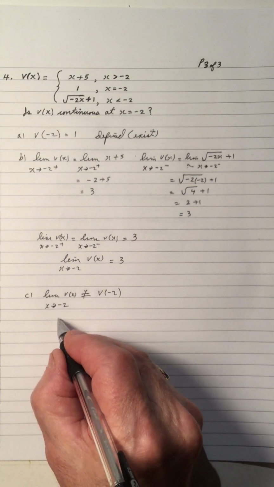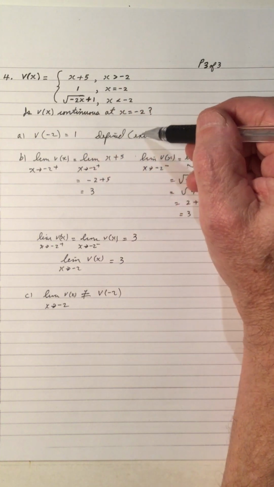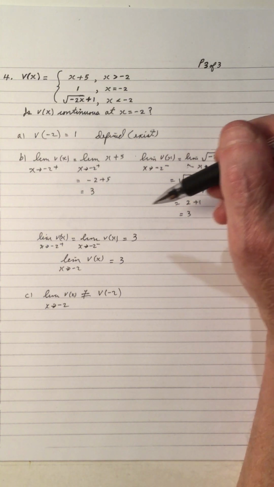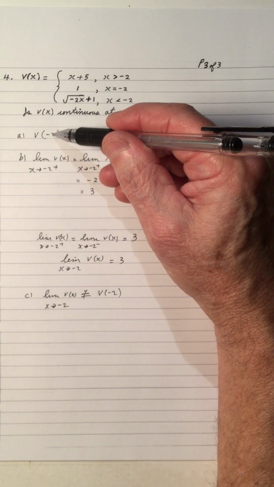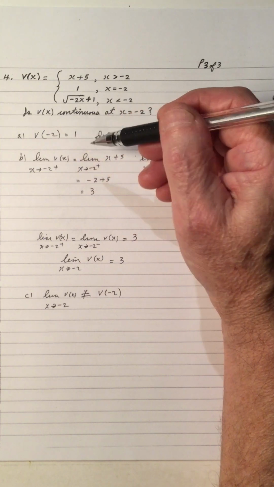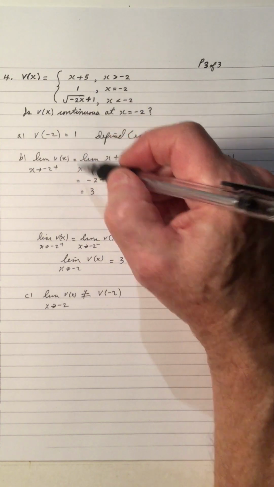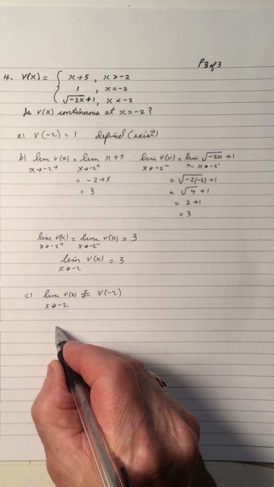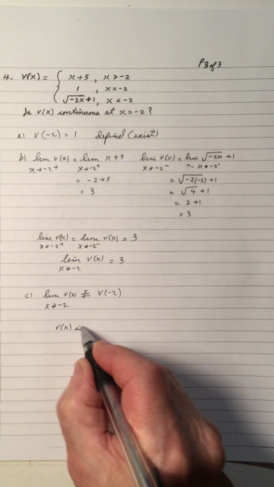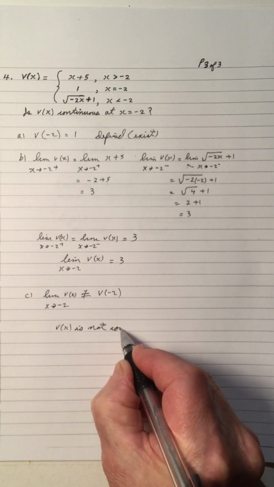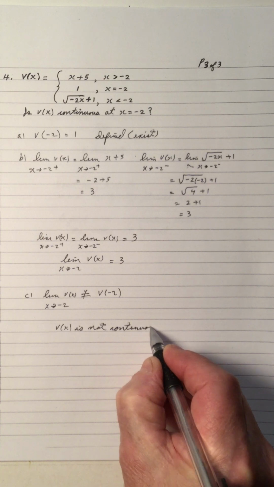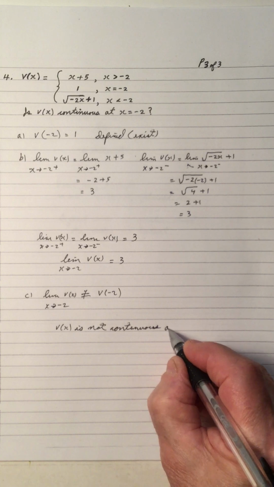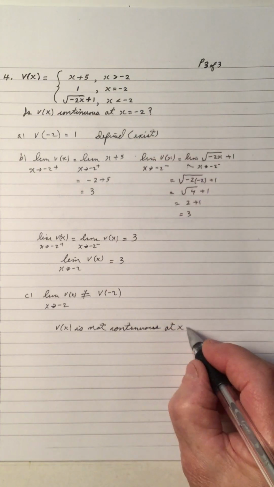Both the left and right limits are 3, but where it's defined, at -2, it gives you 1. So they're not the same. That means v of x is not continuous at x equals -2.